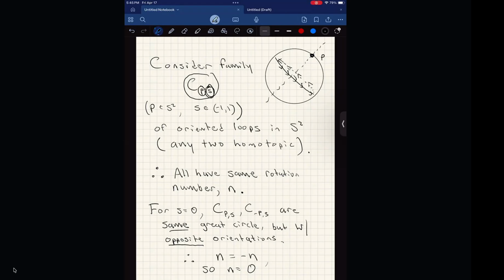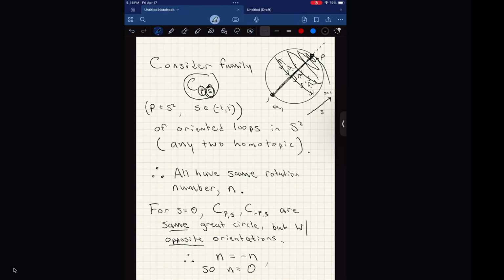And then for S positive, basically I'm trying to put the S axis here. Here's S, and here's S equals 1, which I'm not allowed, would be actually this point. S equals minus 1 would be here. So I'm just measuring how far along this axis I'm going. Here's a CPS for S positive, and here's a CPS for S closer and closer to 1. Again, they have their orientations.